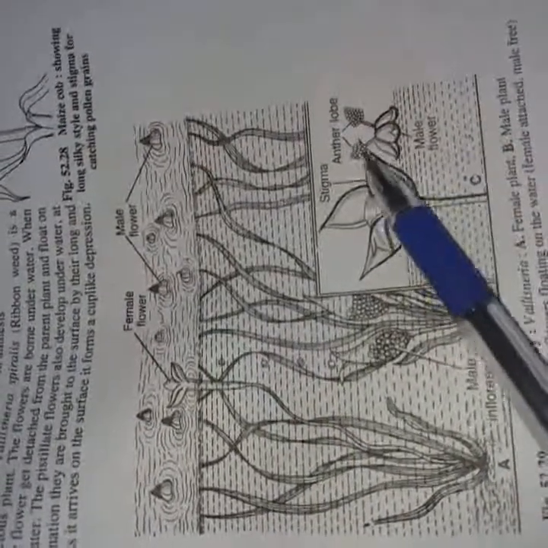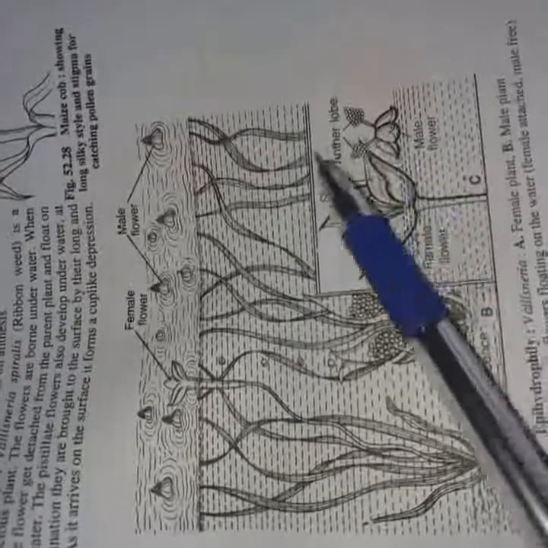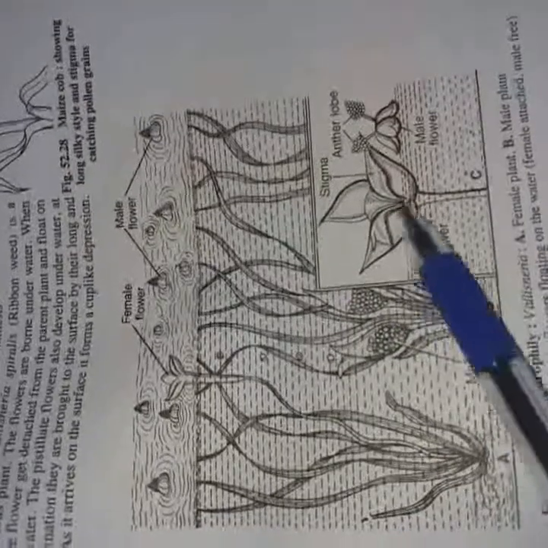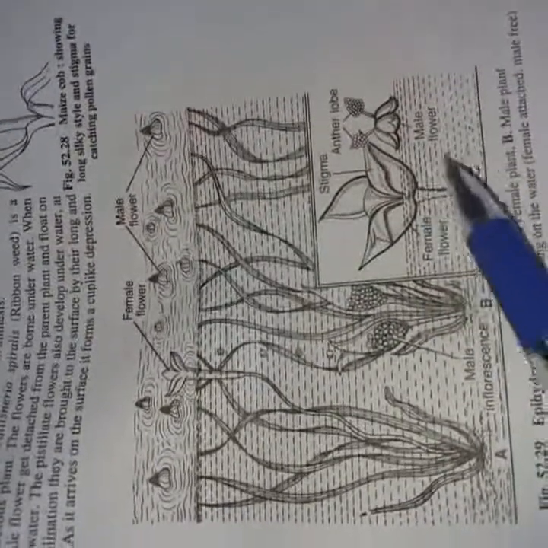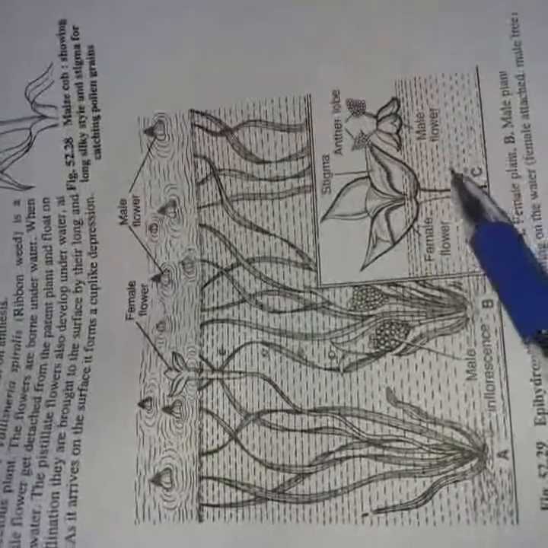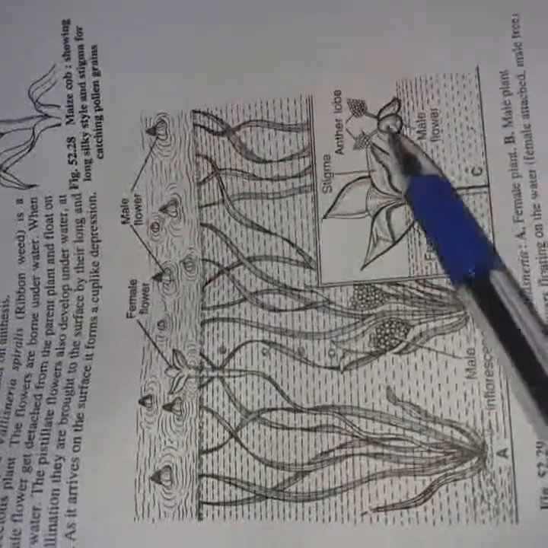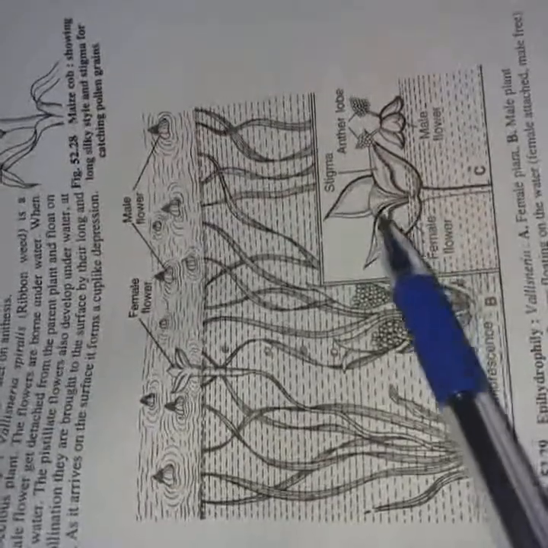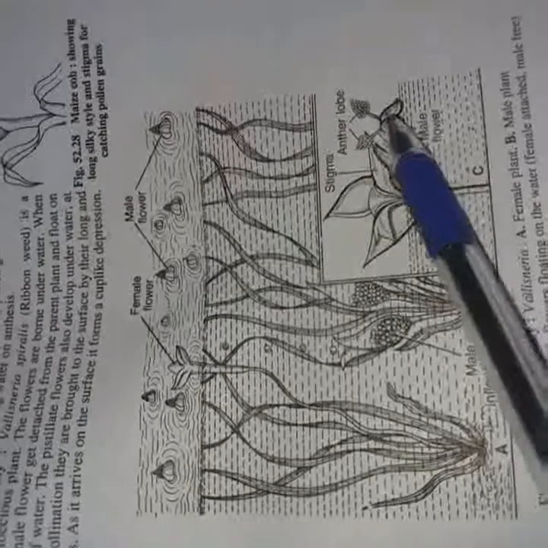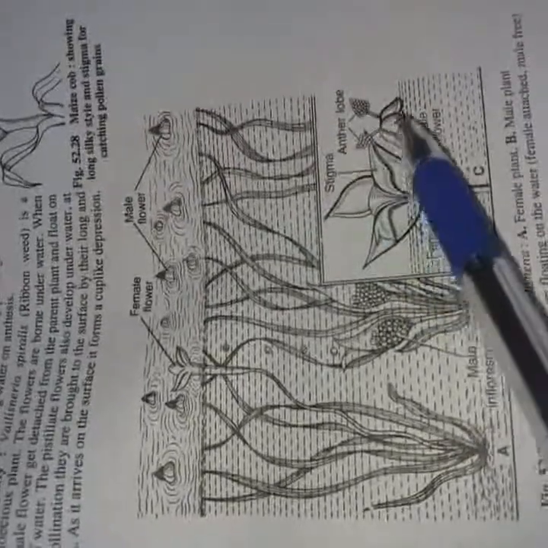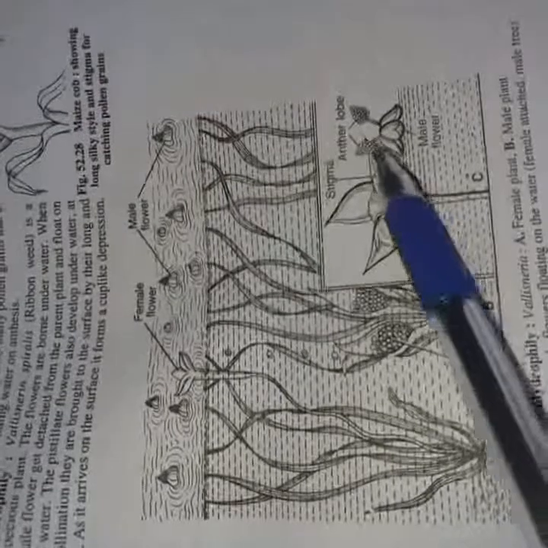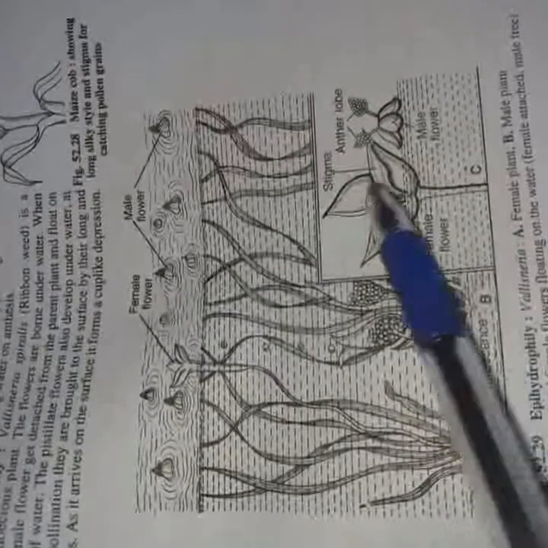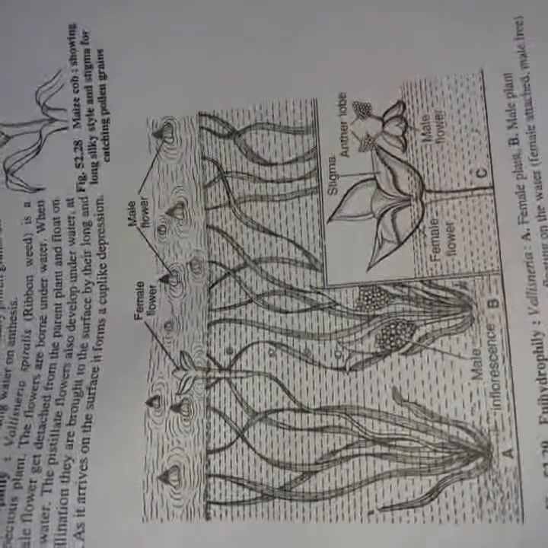These are anthers which carry pollen grains, and the other flower has the stigma. The medium is water. With the help of water, the male flower attaches to different female flowers and the pollen grains are transferred to the flower stigma. This is called hydrophily, cross pollination.